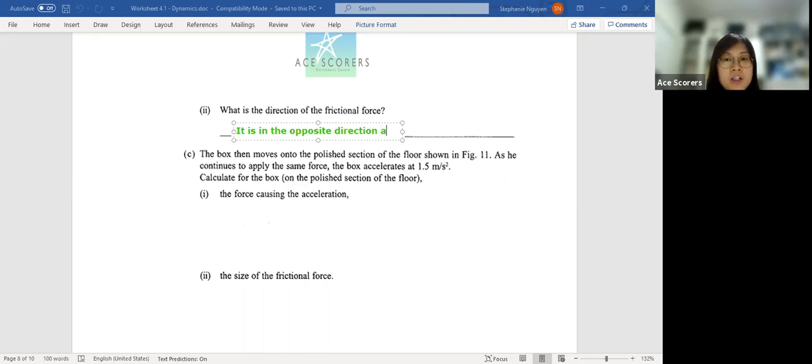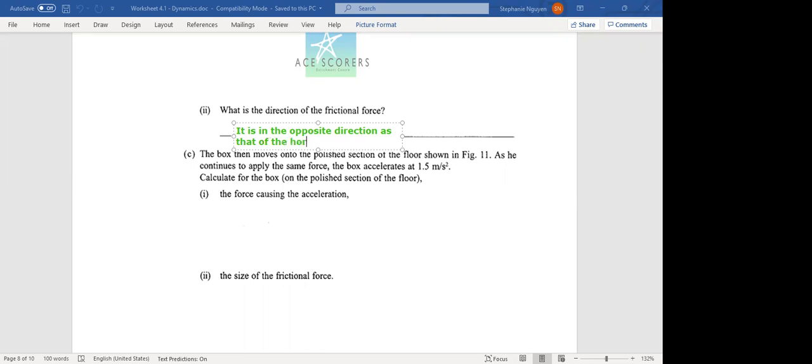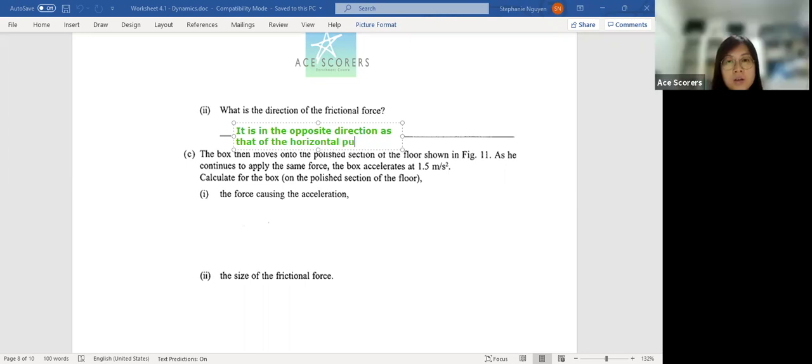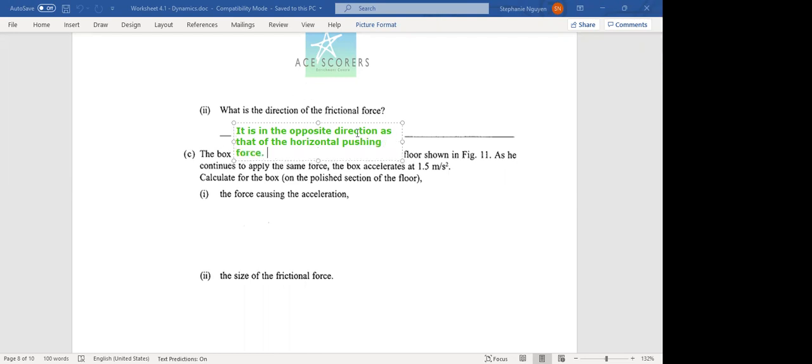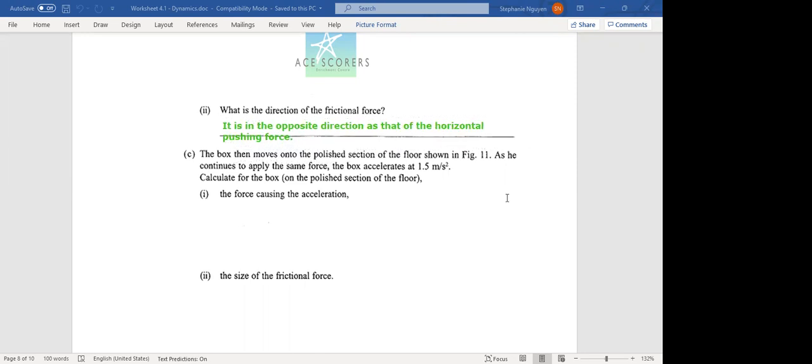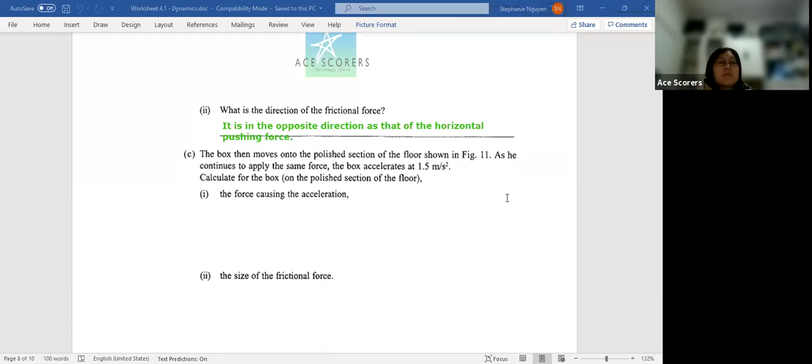Well, it's in the opposite direction as that of the horizontal pushing force. Okay. All right, so we got this down. Okay, once you're done, just let me know.